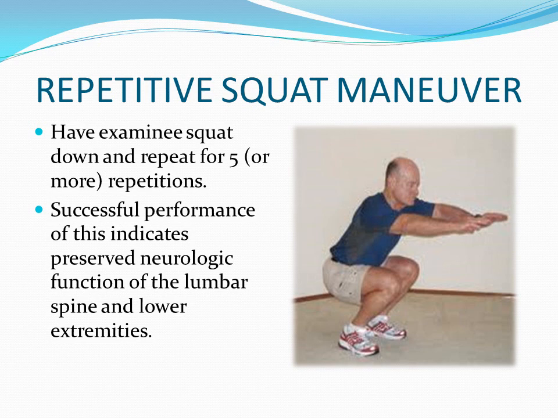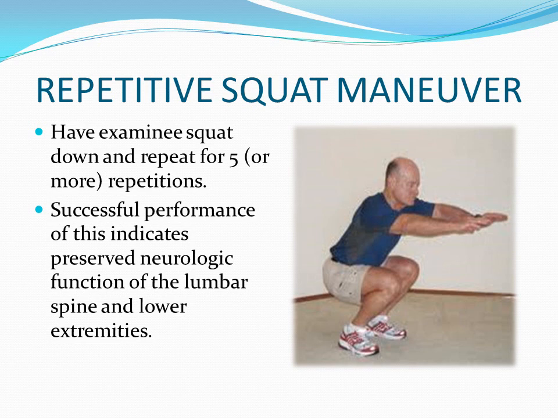Unless there's some reason that would prevent repetitive squats, such as a lumbar spine pathology, a knee pathology, etc., in general the examinee should be able to complete 5 to 10 body weight repetitions of the repetitive squat maneuver, and I indicate that to them by performing them side by side with them.